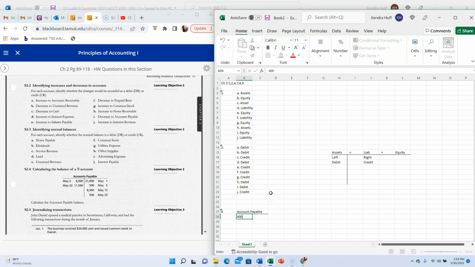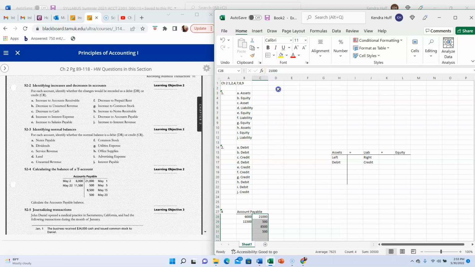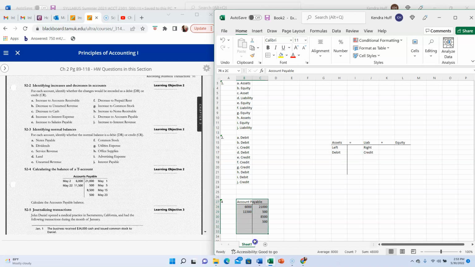All right, we have 6,000, 11,500, 21,500, 8,500. And let me actually scoot all this over a little bit.